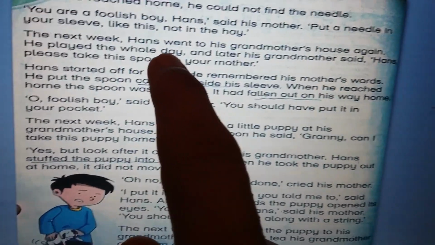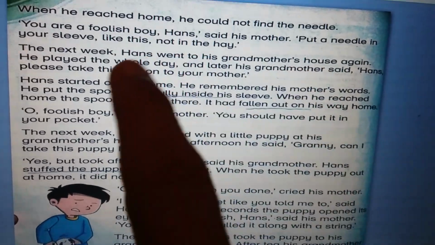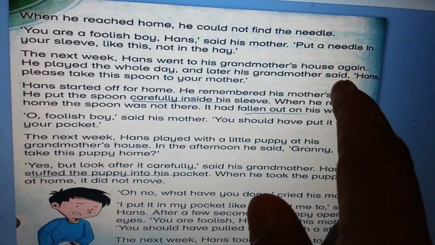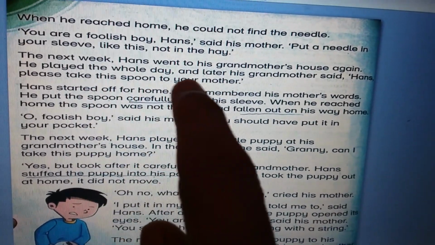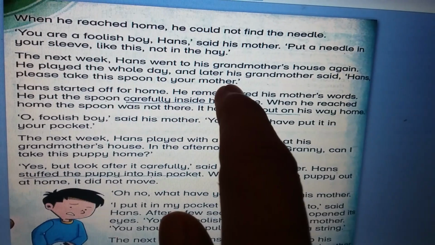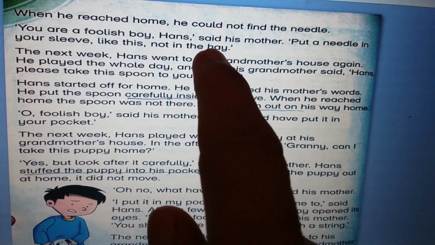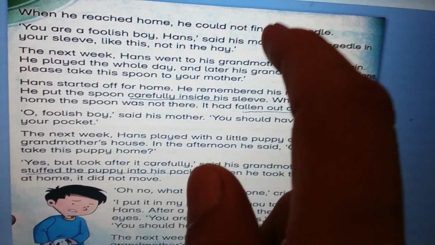The next week, Hans went to the grandmother's house. Again, he played the whole day. And later his grandmother said, Hans, please take this spoon to your mother. At first his grandmother gave him a needle. He lost that needle in the hay.